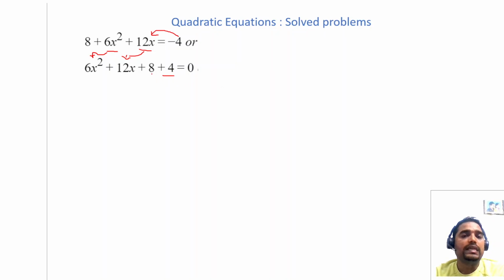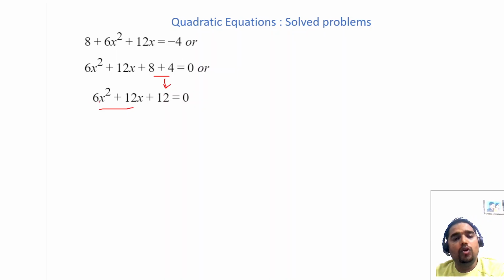Now how to simplify? The numbers 8 and 4 are like terms, so they will get added in the next step. 6x^2 as it is, 12x as it is. There are no like terms to add or subtract for these two terms, whereas 8 and 4 have got added to become 12.